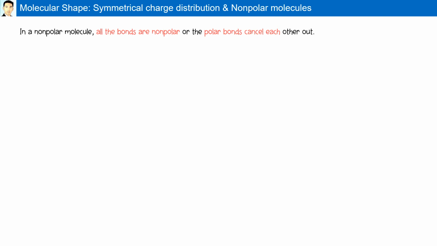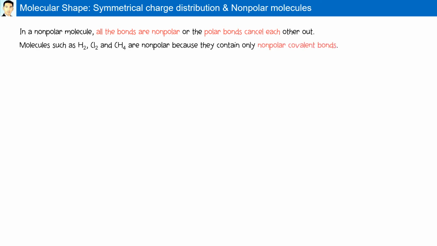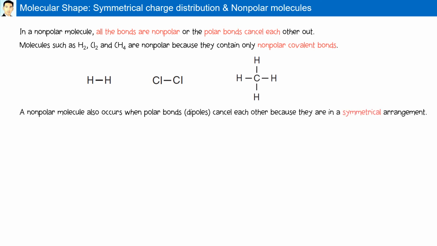In a nonpolar molecule, all the bonds are nonpolar, or the polar bonds cancel each other out. For the first example, molecules such as hydrogen, chlorine, and methane, CH4, are nonpolar because they contain only nonpolar covalent bonds.